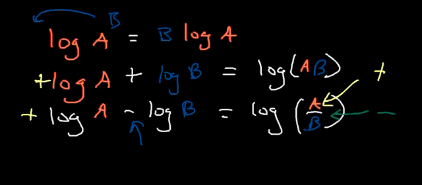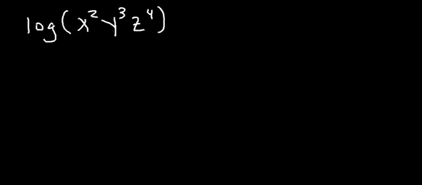So now let me show you how to apply this information. This information is useful, particularly when you have to expand or condense into a single log. Let's focus on expanding into a sum and difference of logs. So let's say if we have log x squared, y cubed, z to the fourth. So everything is multiplied.